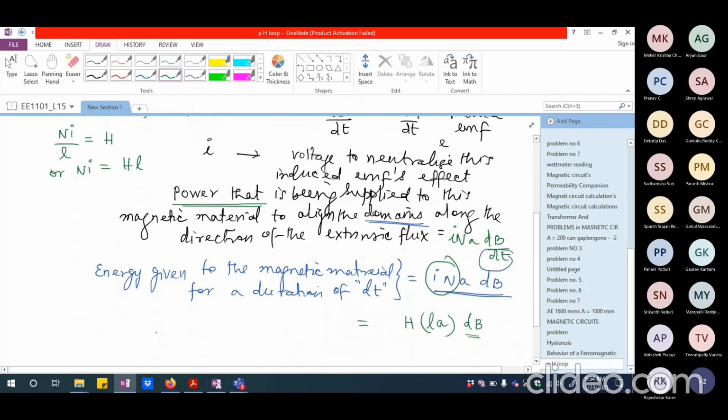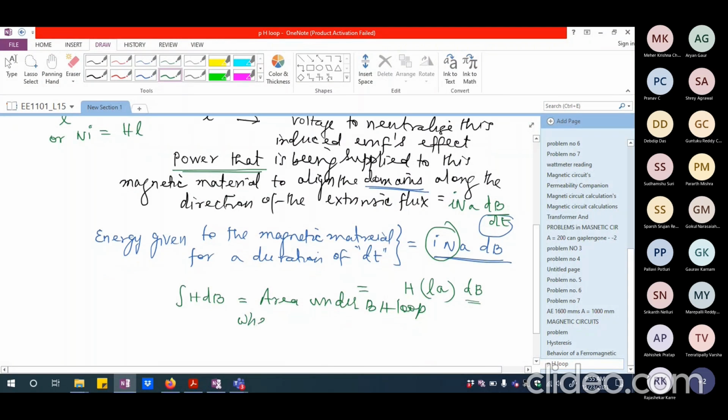So I should be able to write this as the integral of H dB, which is equal to the area under the BH loop when the flux is continuously changing from plus Bmax to minus Bmax and back to plus Bmax.